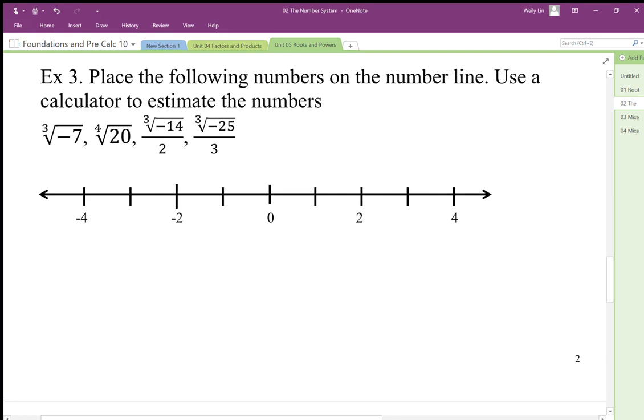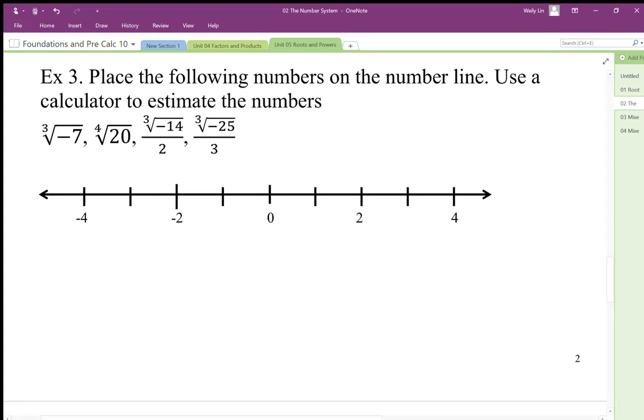So none of these are able to be resolved without a calculator because we can't work them out. We can leave them in the square root form or the cube root form, but we can't actually work them out very easily. So using a calculator, we're going to work these out.